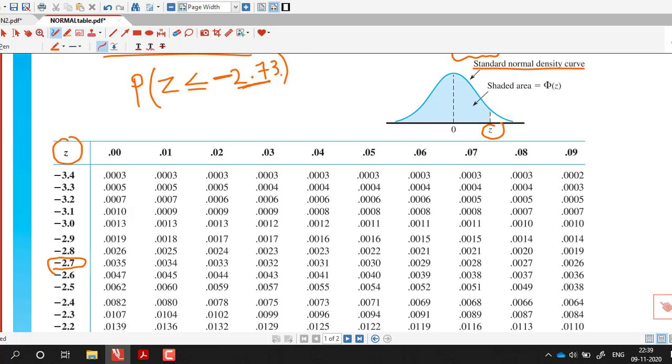Now for second decimal place I have to concentrate on 0.03, or we can rewrite this as minus 2.7 minus 0.03.